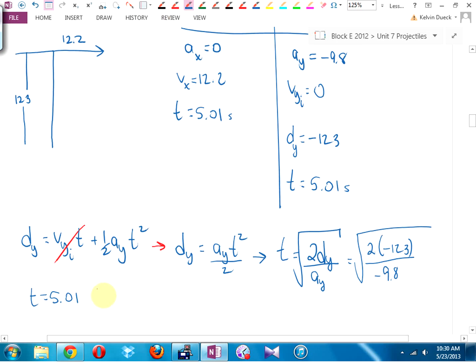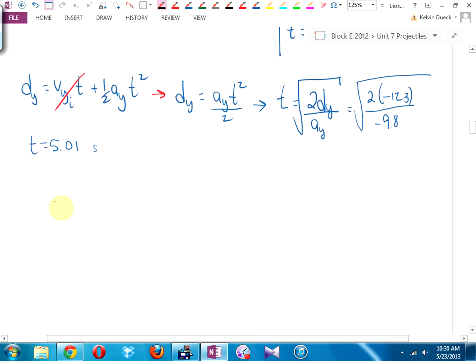That's not what they asked me to find, though. What did they ask me to find, Elijah? Range. They want me to find horizontal displacement, the range. Okay. I now have 3 things in that column. I can find the 4th.